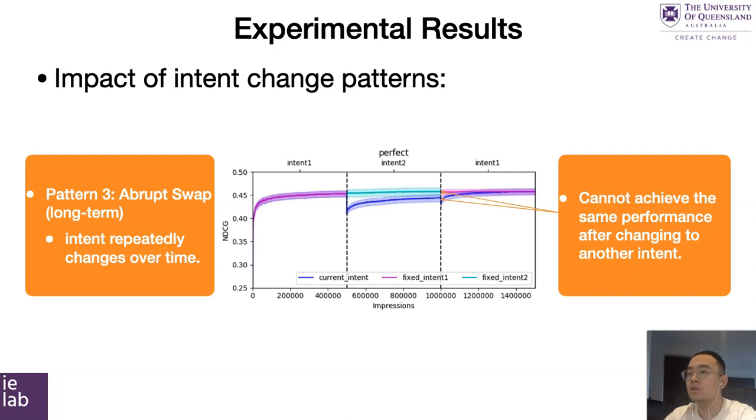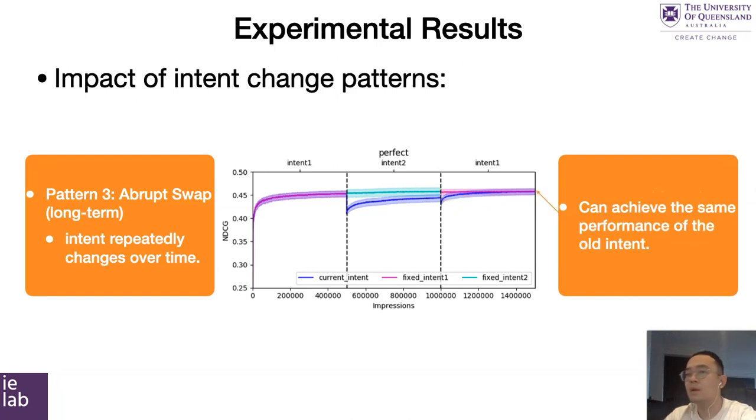First, in this case, we notice that the algorithm cannot adapt to the same performance level for the second intent that is observed during this training, even if we give it a long period of training time. However, for the intent that the algorithm observed before, which is intent 1, it actually can adapt to the same level of performance. These findings show that online learning to rank algorithms cannot completely adapt to another new intent, but can easily adapt back to an intent they observed before.